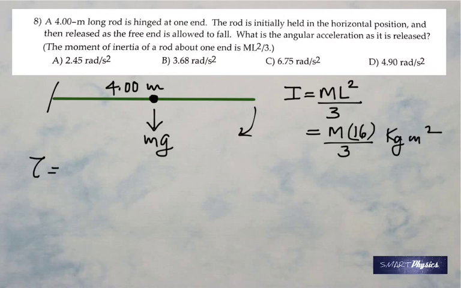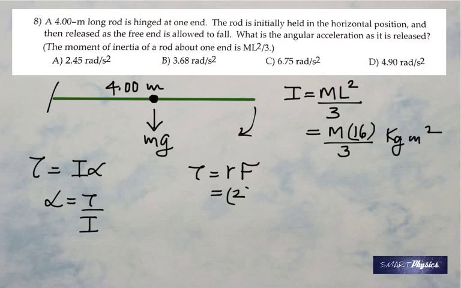Now, the weight acts vertically down through the center of mass. The torque is given by I times alpha, therefore alpha is tau by I. The torque is the product of distance and force.